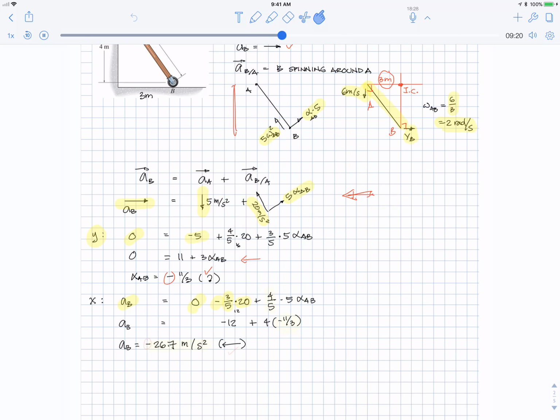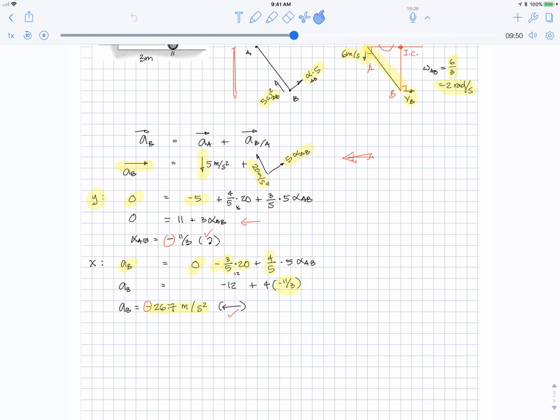And the 5 alpha AB, which we now know alpha AB, is to the right, 4/5 of 5 alpha AB. But remember, alpha AB is actually going the other way, so I have to put in that negative 11/3. And so when you add that all up, you get minus 26.7 meters per second squared. And that negative sign means my initial guess to the right is wrong, so it's going to the left.